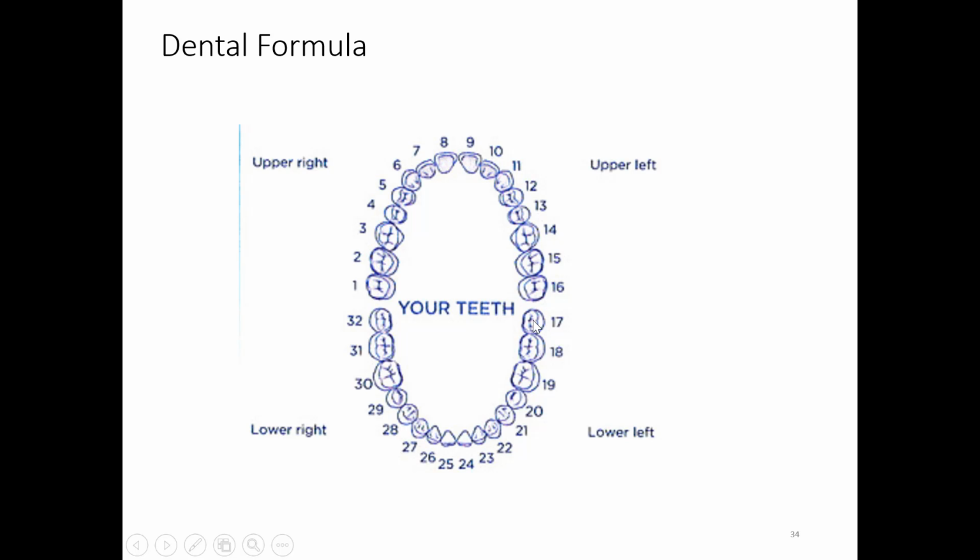Then if you go down to your lower left and start moving through the lower teeth all the way to the lower right of your mandible, those teeth will have numbers 17 through 32. Of course, in case if you have all your teeth, including those wisdom teeth. So number 1, 16, 17, and 32, those will be wisdom teeth.